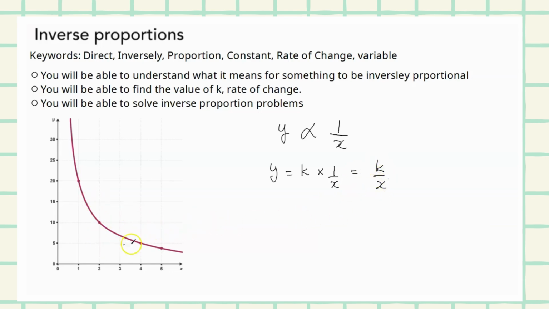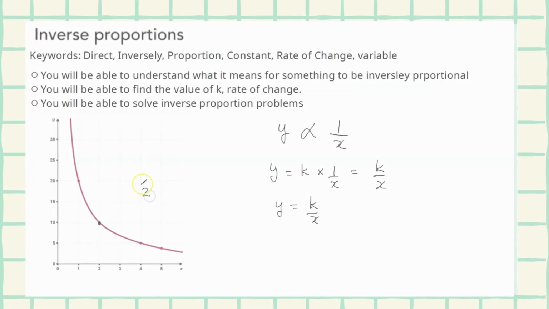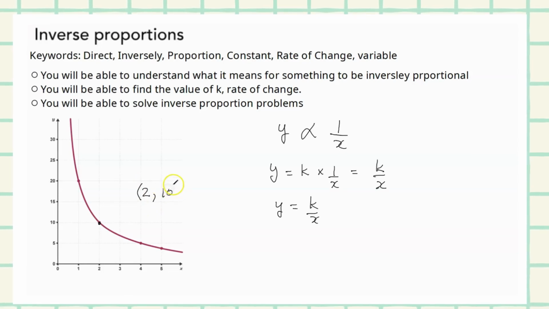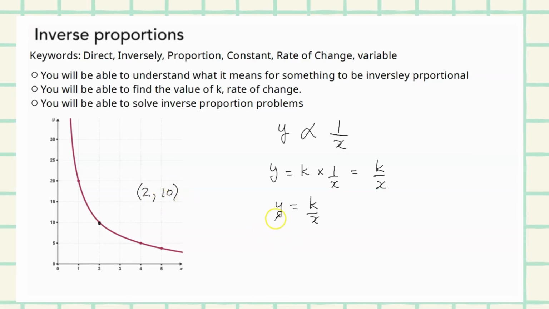So from this graph, we should be able to find the value of k. So let's write y equals k over x. We can pick any two values on this graph to work out the value of k. Let's say, for example, we have this coordinate here. So here we have the x value 2, and the y value is 10. So it means that we can put in the equation y as 10.